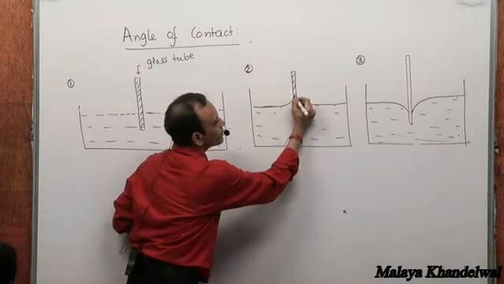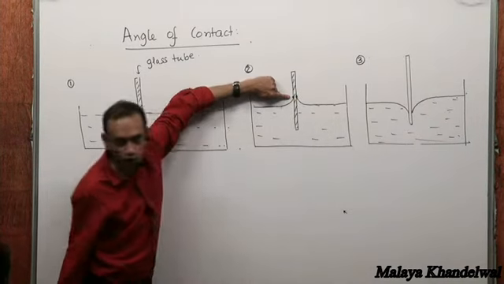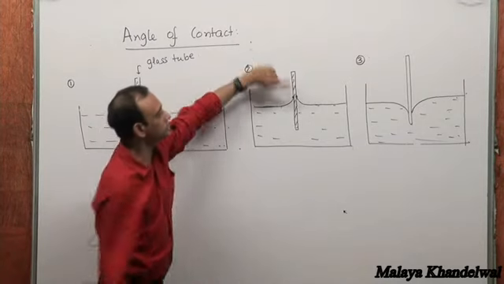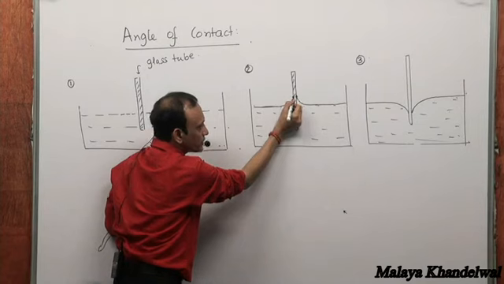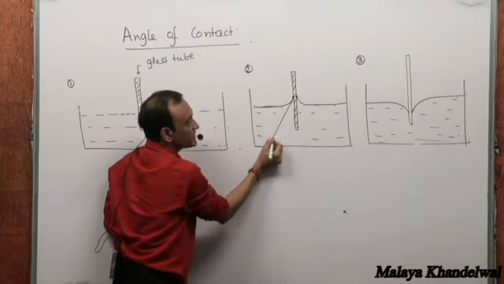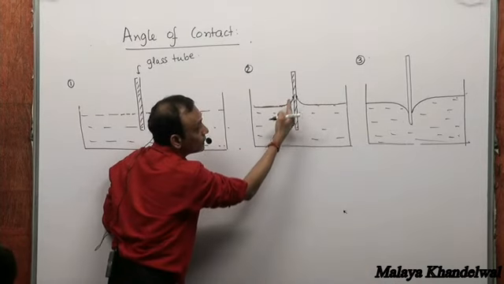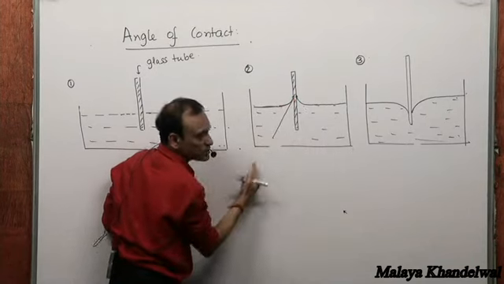Now, this is the point of contact, for example. This is the point of contact between the liquid and the immersed solid. If I draw a tangent to the liquid at the point of contact, this is the tangent to the liquid surface. This is my liquid surface, and this is a tangent to the liquid surface at the point of contact away from the solid.